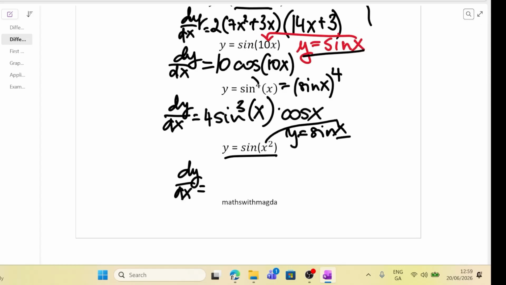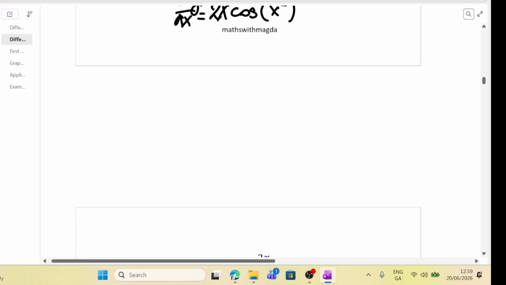And then I differentiate my sine. The derivative of sine is just cos. The inside stays the same, and then when I differentiate my inside x squared, the derivative is just 2x. Okay, let's move on with more examples.